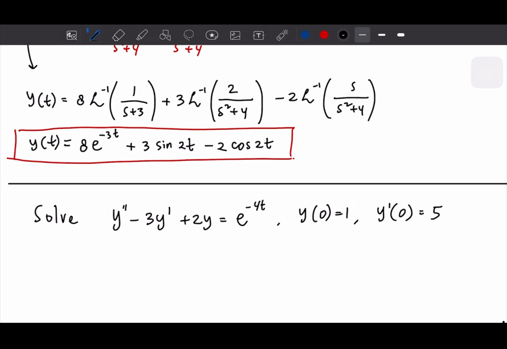So the key is transform, find the capital Y, solve the capital Y, and transform back using Laplace inverse.